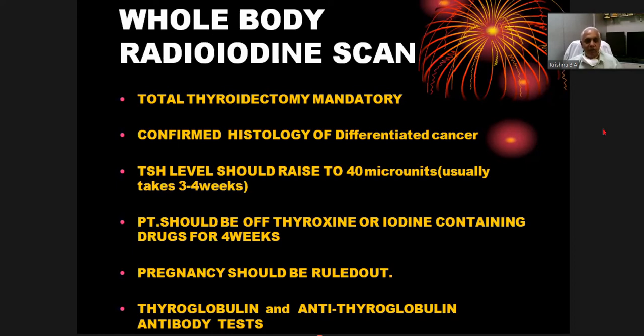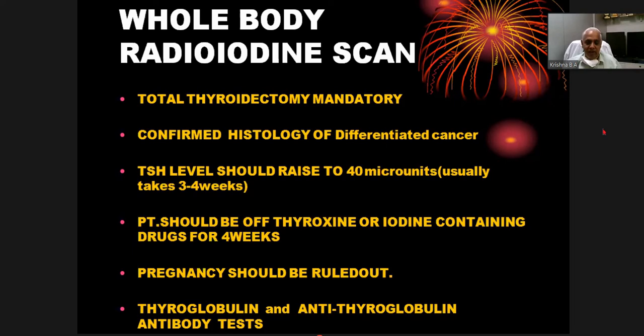Thyroglobulin and anti-thyroglobulin antibody tests should be done along with the TSH when you are about to perform a radioiodine scan. The level of thyroglobulin helps us in decision making on the iodine scan findings. The anti-thyroglobulin antibody is extremely critical because it suppresses the thyroglobulin and gives you a false sense that there is no disease.